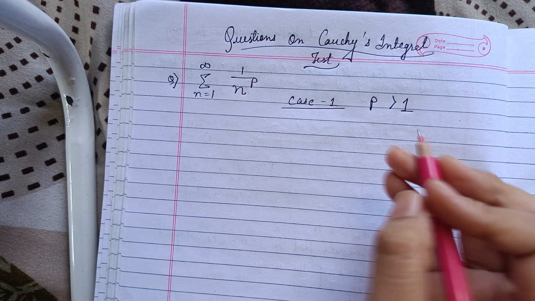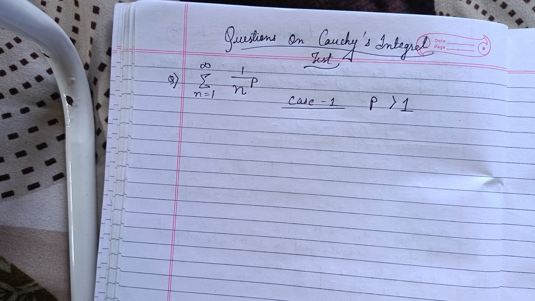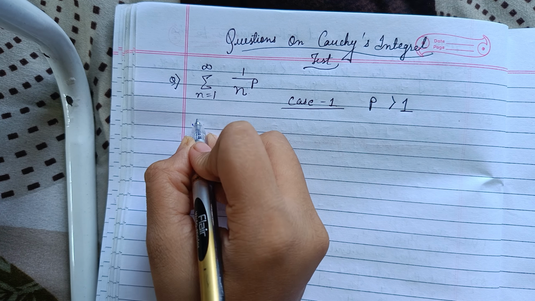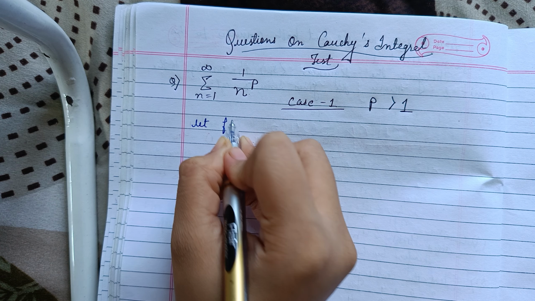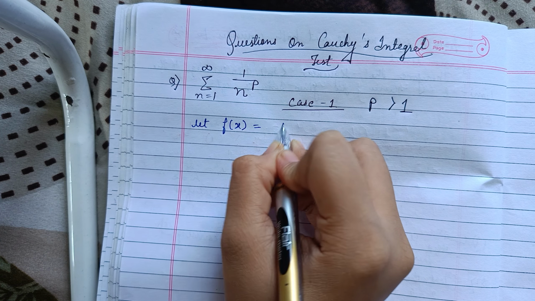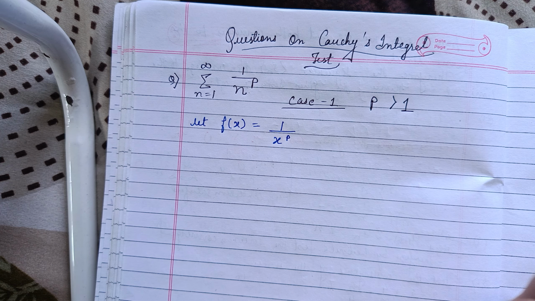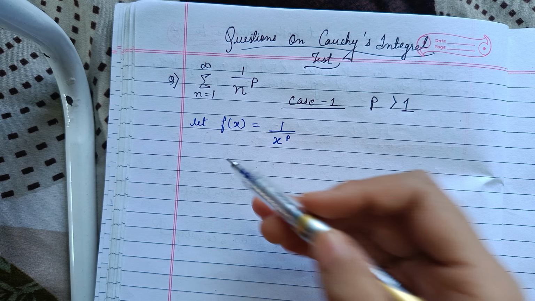ठीक है. So keeping that in mind, I am solving it further. First of all, I have to assume f(x) is equal to 1 upon x to the power p, क्योंकि कॉचीज इंटीग्रल टेस्ट में हम फंक्शन x का मानते हैं.